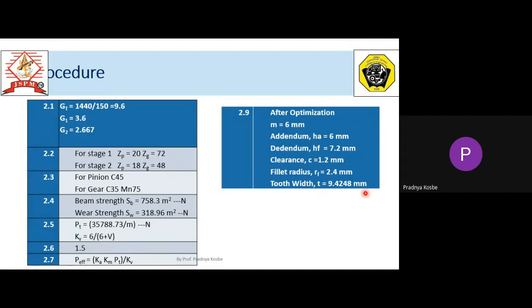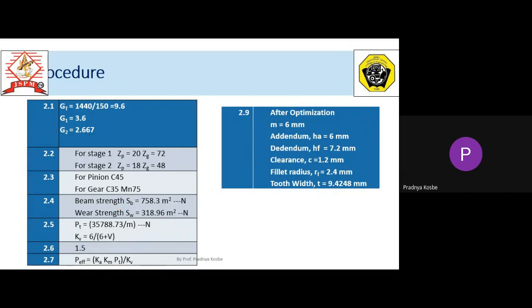Actually, it is 1.25 m, so it will be 7.5 mm like that. Clearance is 1.2 mm. Fillet radius is 2.4 mm, and tooth width T is equal to 9.4248 mm. So these are the dimensions for the spur gear.